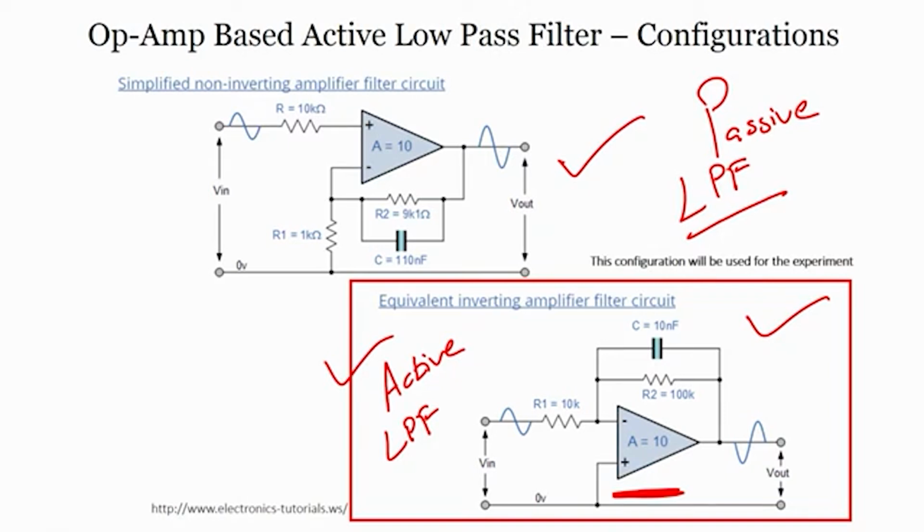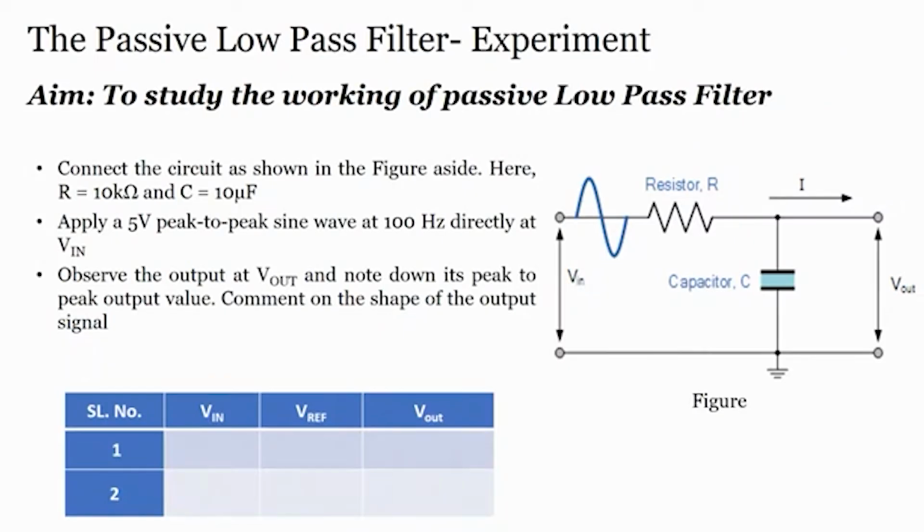So, let us see how we can design it and how we can move forward for the experiment part. Now, here we will be understanding the passive low pass filter, and in this we have to understand how the experiment would work. So, first we will understand how we can study the working of the passive low pass filter.